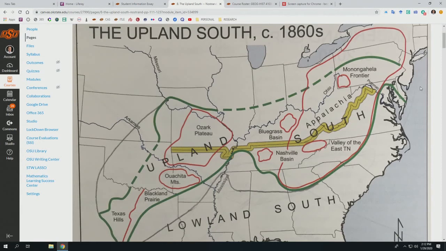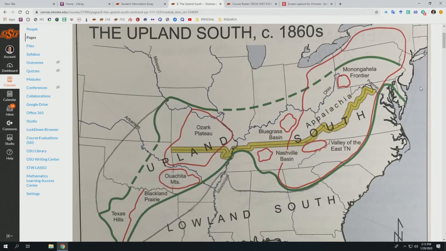And it has to do with things like, well, I guess all I could say is that the Upland South tends to be a lot more, and if you disagree, let me know, a lot more egalitarian, a lot more equal. People tend to be more equal. They tend to be poorer, but they tend to be more equal.